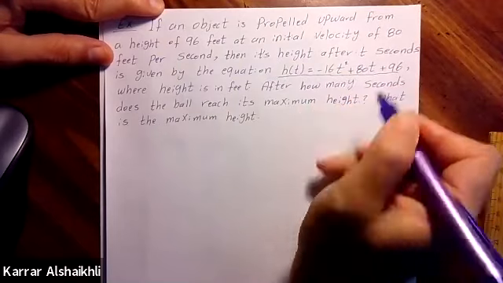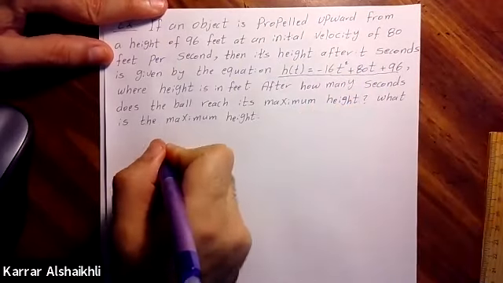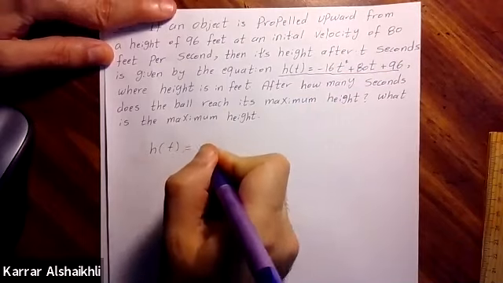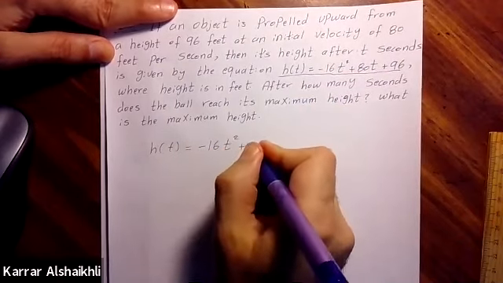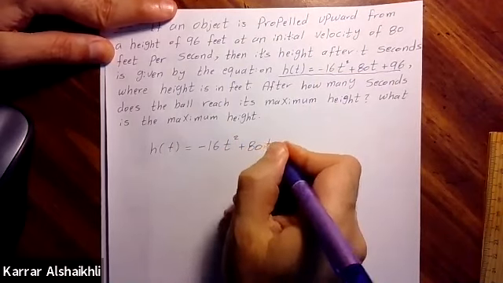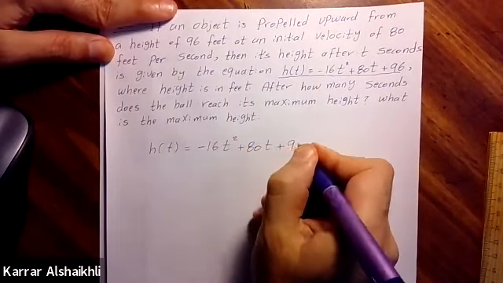So this is the first thing I'm going to write down. H of t equals negative 16t squared plus 80t plus 96.